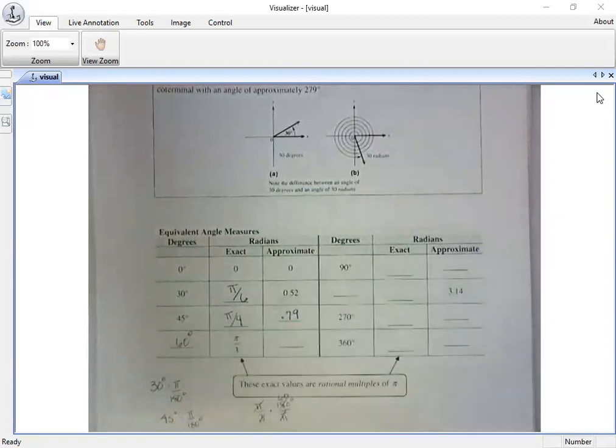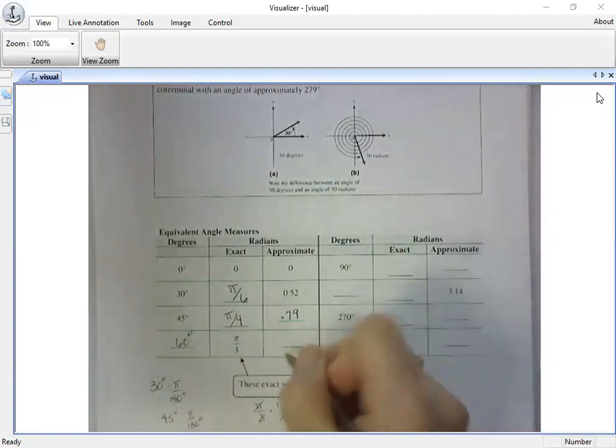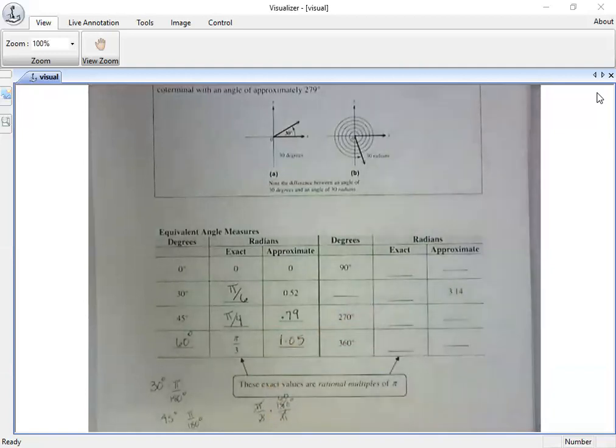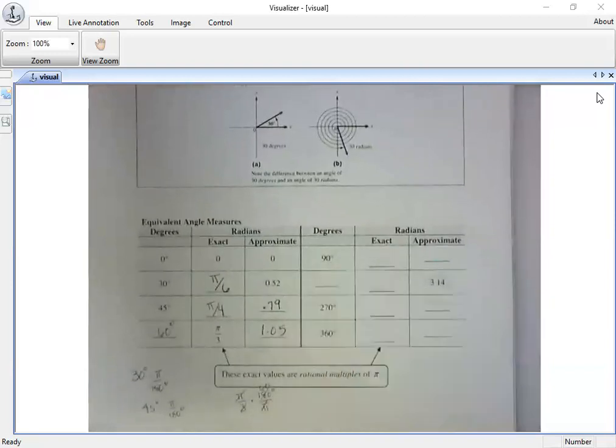And then tell me what your approximation is if you do pi divided by 3 in the calculator. We are finally above 1 radian at 60 degrees, okay? Because remember, 1 radian is the distance on the circle that matches the distance of the radius, okay?